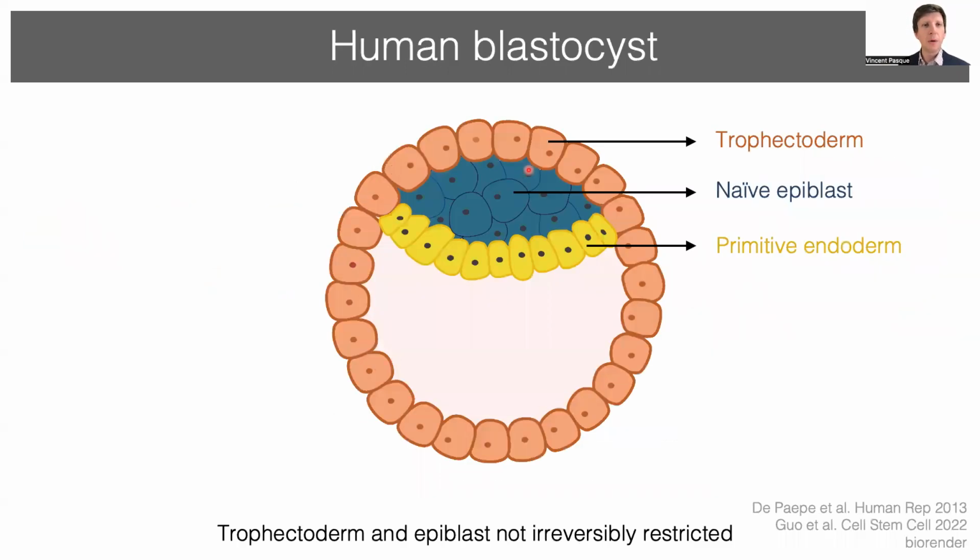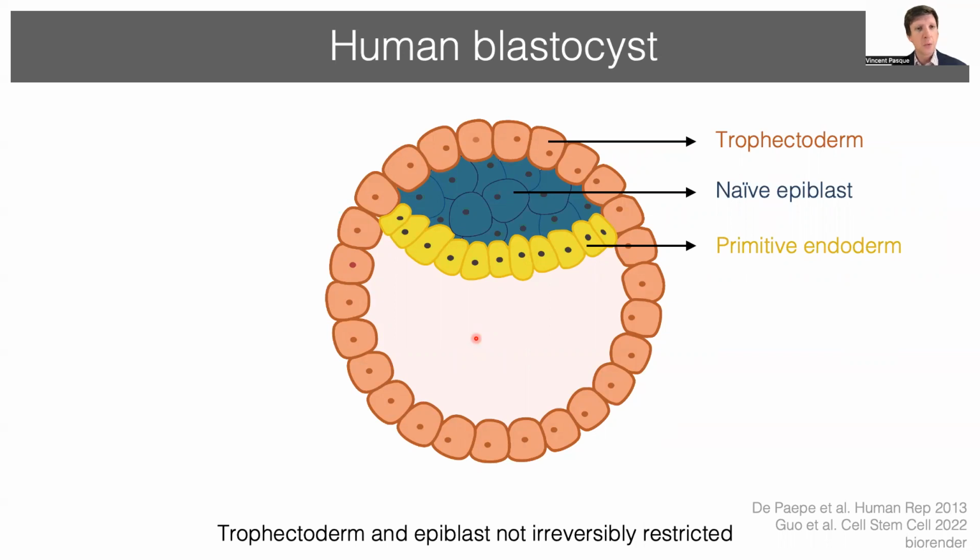So if we look at the three founding lineages of the human blastocyst, the trophectoderm, naive epiblast, and primitive endoderm, the embryo looks remarkably similar in mouse and human, but there are very big differences. In the mouse, all three founding lineages are fully restricted by the time the embryo implants, meaning that cells are irreversibly committed.